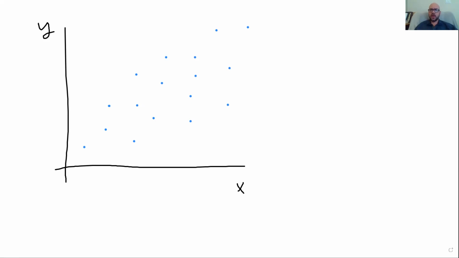And so we might want to try and find a model for this, right? The best fitting model is what we're going to be doing with linear regression, right? So it looks something like this, right? And so the actual process of linear regression is finding this line. There's a lot more analysis that goes into it, right?